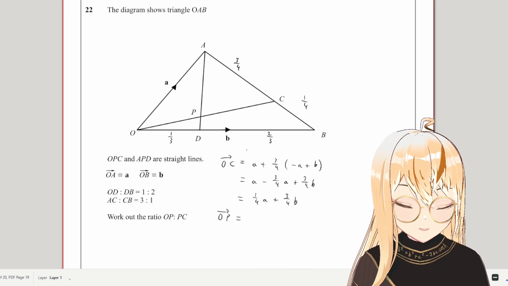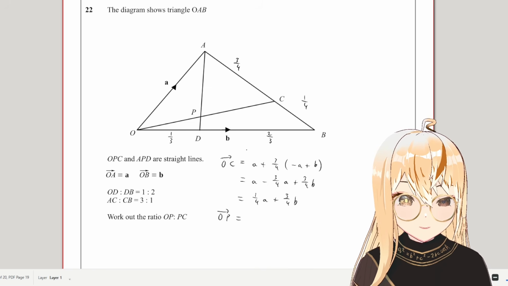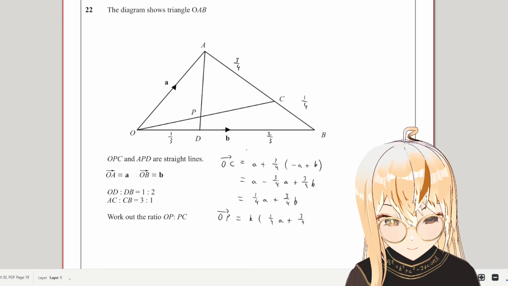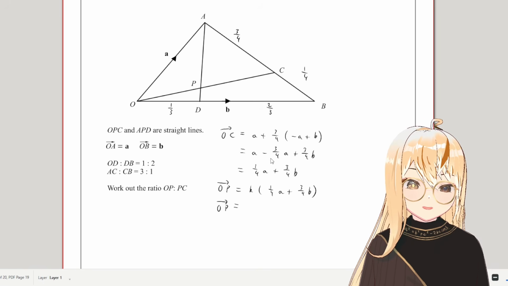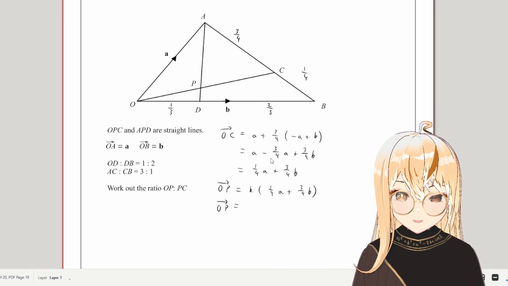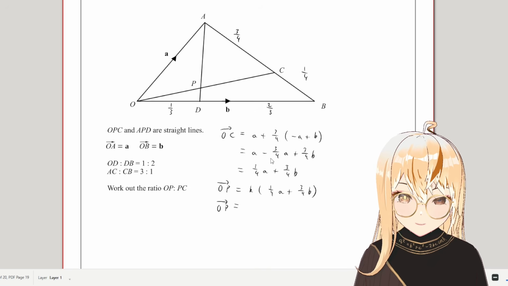So now, since we know OC, we just know that OP is some multiple of it. We can also write OP in a different way. Perhaps O to A plus some multiple of A to D.